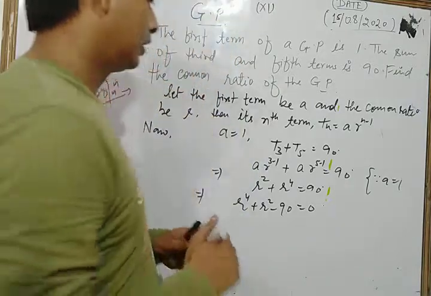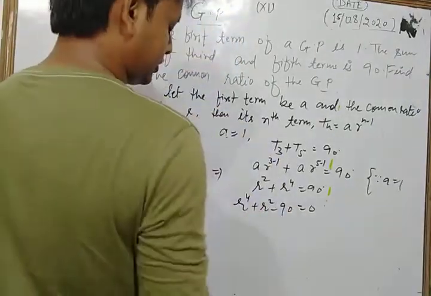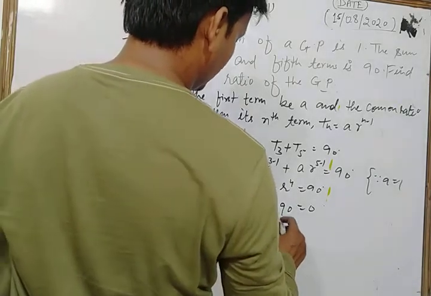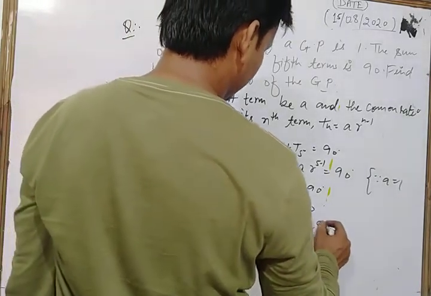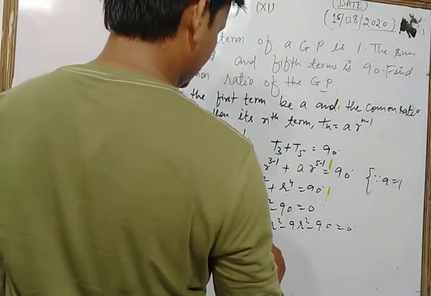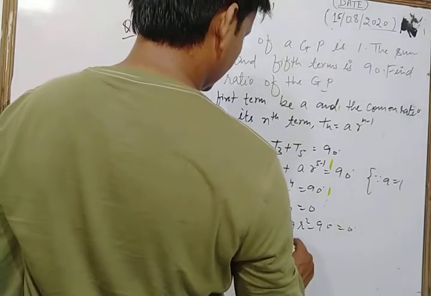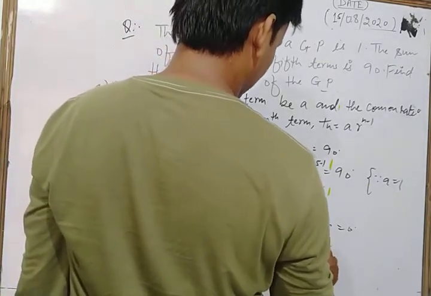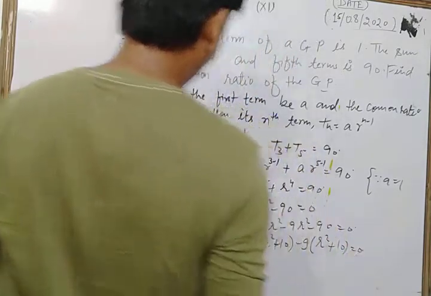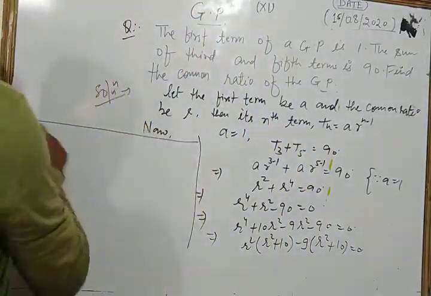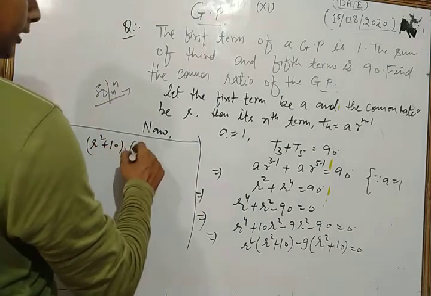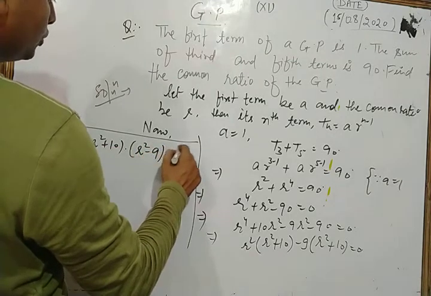Now dear students, we factorize this expression. We write R to the power 4 plus 10R square minus 9R square minus 90 is equal to 0. Taking R square common, we get R square into (R square plus 10) minus 9 times (R square plus 10) is equal to 0, so (R square plus 10)(R square minus 9) is equal to 0.